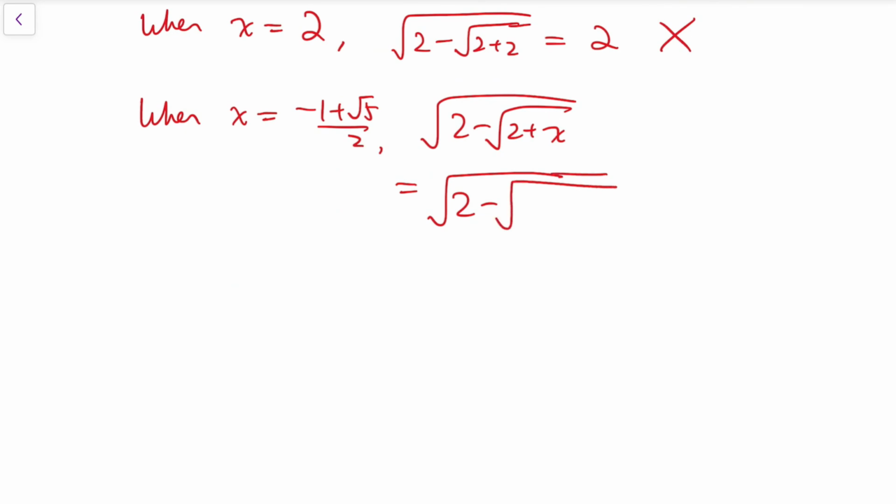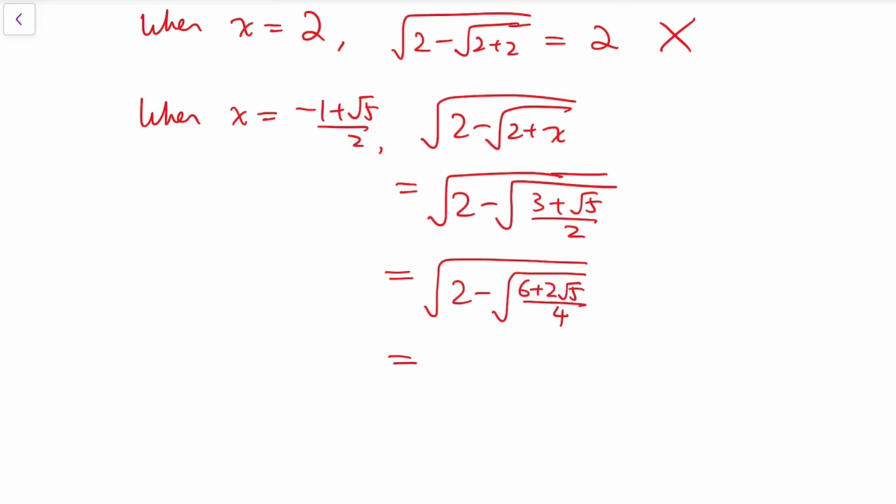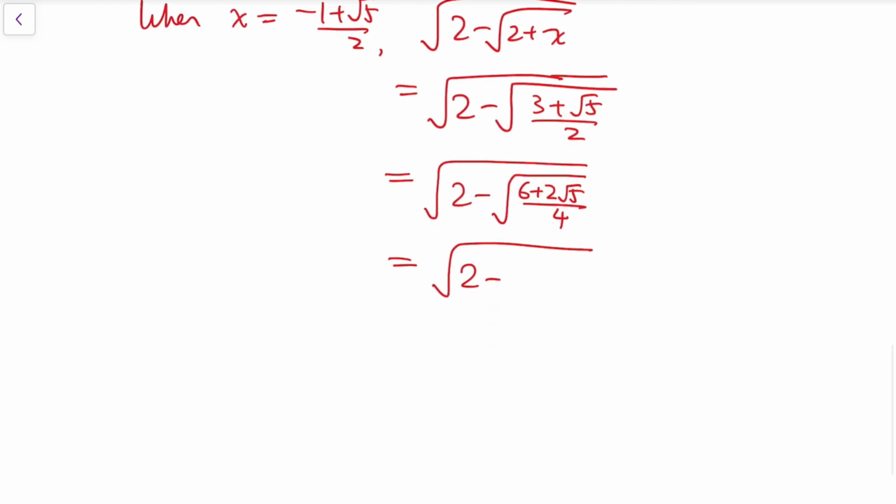The inner square root will be equal to 3 plus root 5 over 2. Of course, we can try to simplify that a bit. For the inner square root, I can rewrite that as root 5 plus 1 all divided by 2.